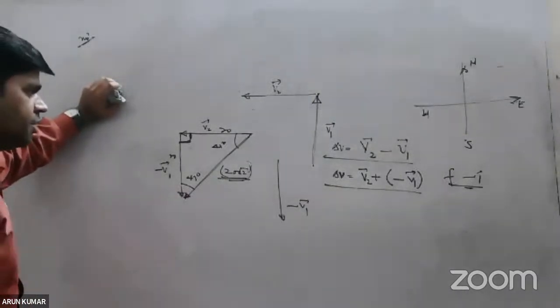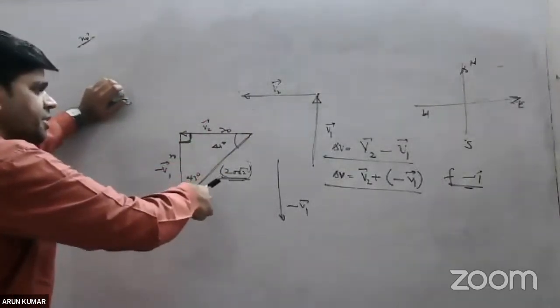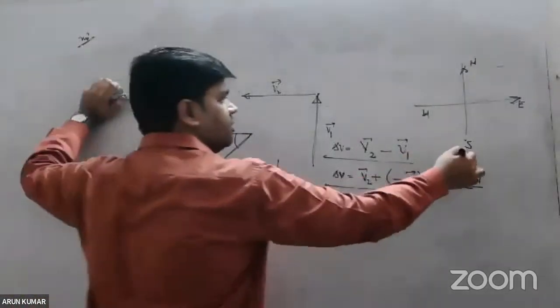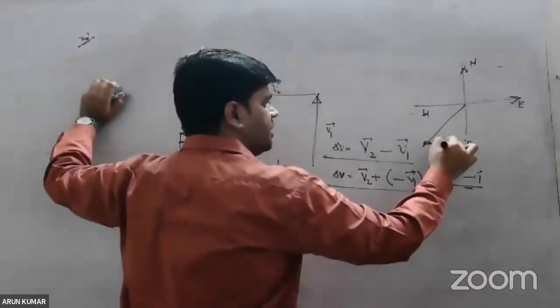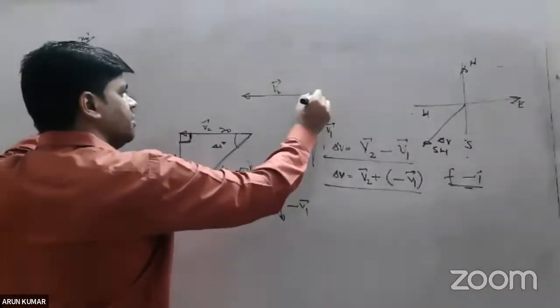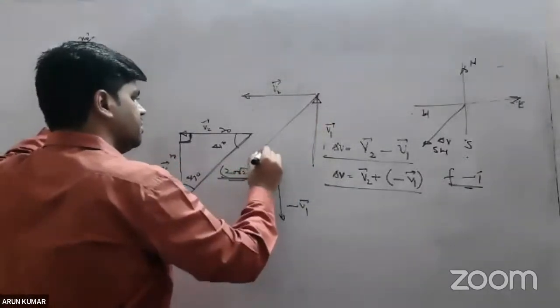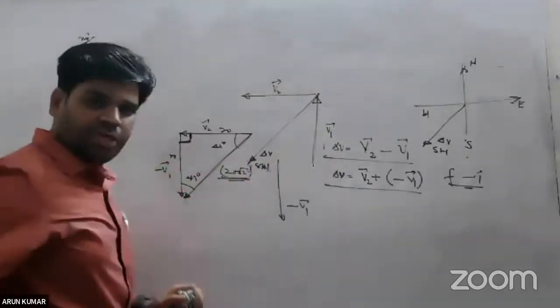The change is along this direction, which is exactly 45 degrees southwest. This is my delta V direction. So v1 is towards north, v2 is towards west, and delta V is towards southwest. Is it okay now, Omkar?